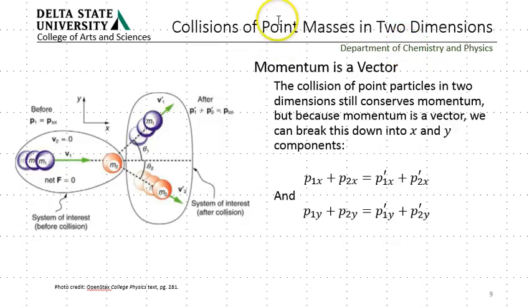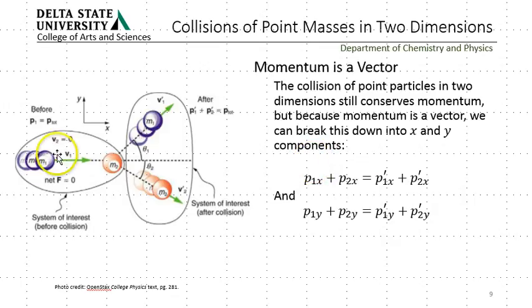And since momentum is a vector, we have to break all of these pieces down into their vectors. So P1x plus P2x equals P1x prime plus P2x prime. And P1y, which is 0, plus P2y, which is 0 because P2x and P2y are 0 before we start out here. And P1y prime, the y component up this way, and P2y prime, the y component down this way, all add up.